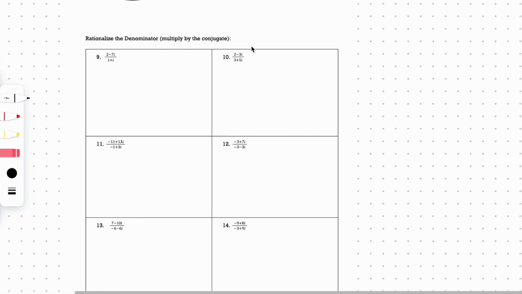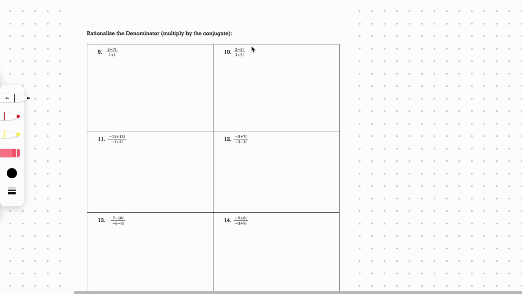Now let's work on rationalizing the denominator. So in our last lecture, we had square roots on the denominator, and we need to get those out because we don't like square roots on the denominator. Well, we don't like i on the denominator either. And so we're going to do the same thing by multiplying by the conjugate.